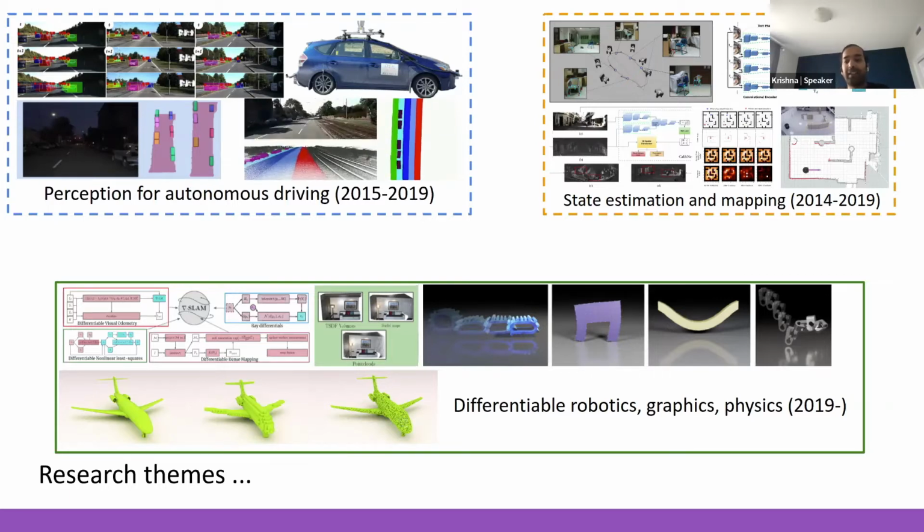Do we forget or discard everything that we know about classical robotics and replace it with ML pipelines? Or do we somehow try and blend both of these to get the best out of both? And my research treads on the boundaries of the latter.